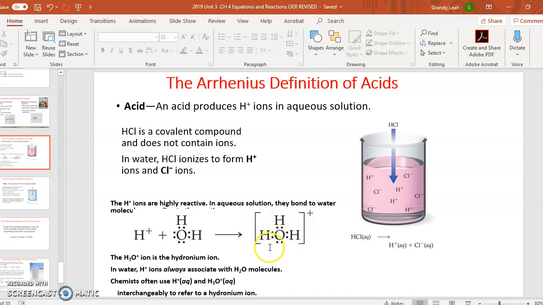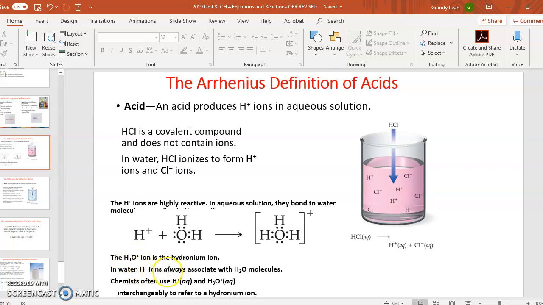So this is called the hydronium ion, H3O+. This is what is happening in this definition. It's not from the H by itself, it's the H3O+. It's not the H in HCl by itself, by this definition. It's what forms in water that makes this acidic. So it's the hydronium ion.